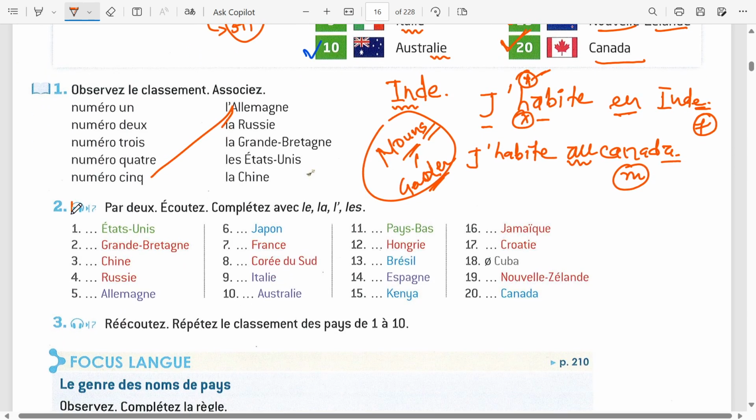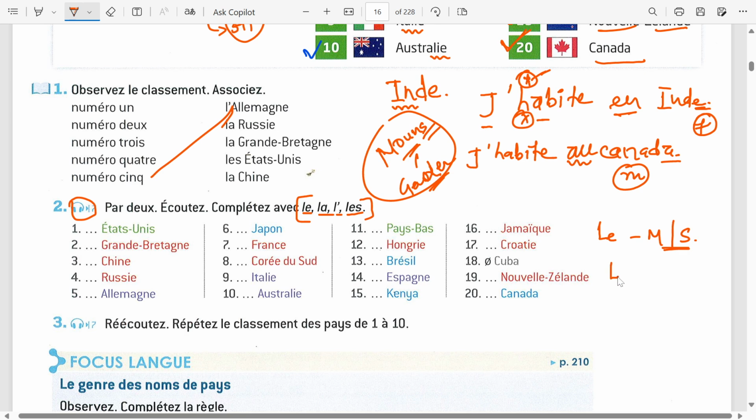So listen to the audio and then find out le, la, l apostrophe, and les. These are definite articles in French, and this part we'll cover later. It's a very simple part. Le is for masculine singular, so all nouns which are masculine singular go with le.